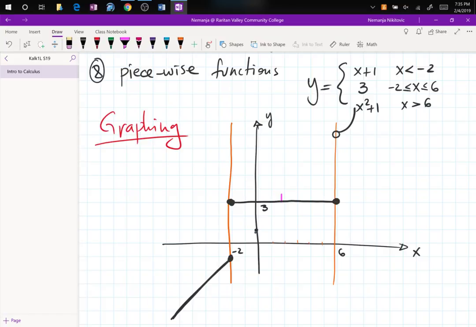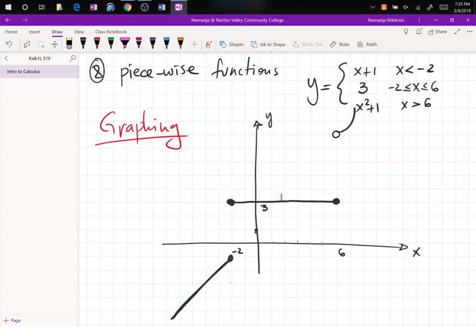So as you can see, there are 3 parts of the function. Now you erase these construction lines, the orange ones, and here's your piecewise function. You have the first piece in effect before x hits negative 2. That's the linear part. As soon as x hits negative 2, the next piece is in effect.